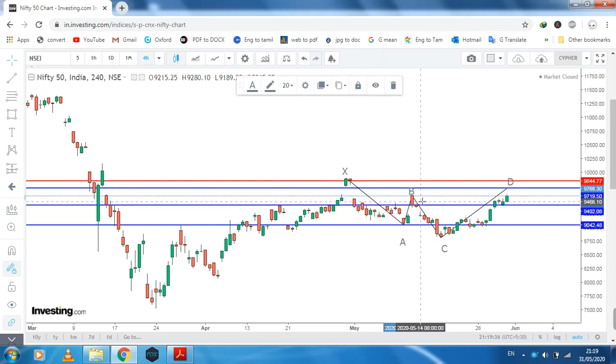These are the formations. So we need to check whether this is a valid Cypher pattern or not.